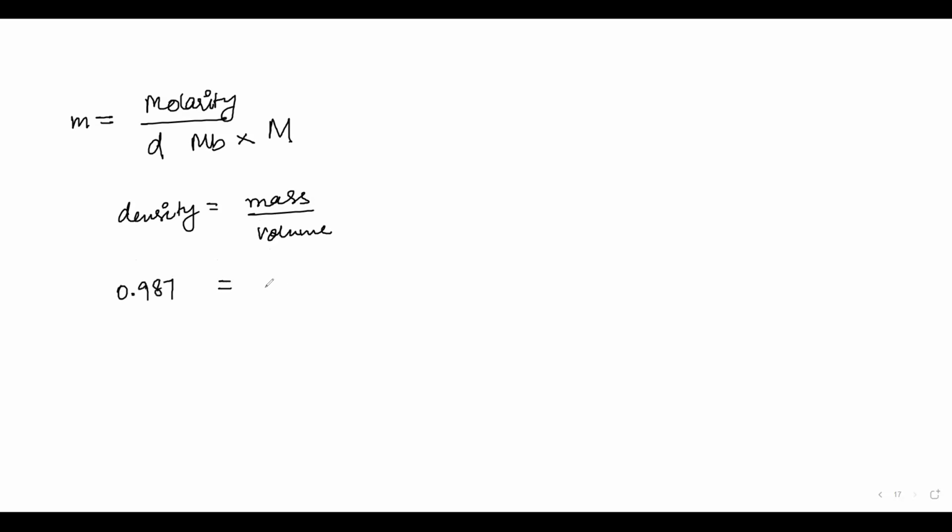Density is 0.987, in kg per liter. Volume is 5 liters.